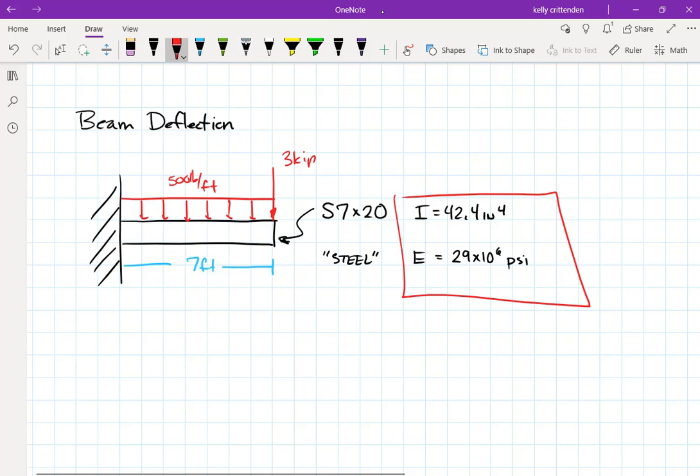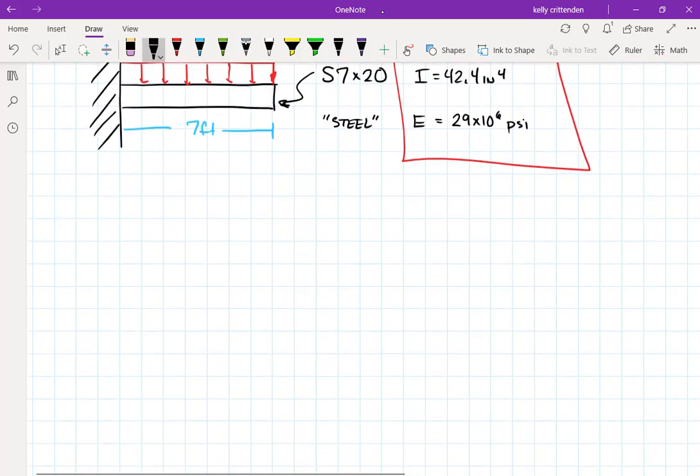So what we have to do is use a process called superposition. And superposition is not specific to beams and bending. It's in circuits and all kinds of other fields also. But the idea of it is that the cumulative effect of individual whatevers, in this case loads, is just the summation of all those effects.